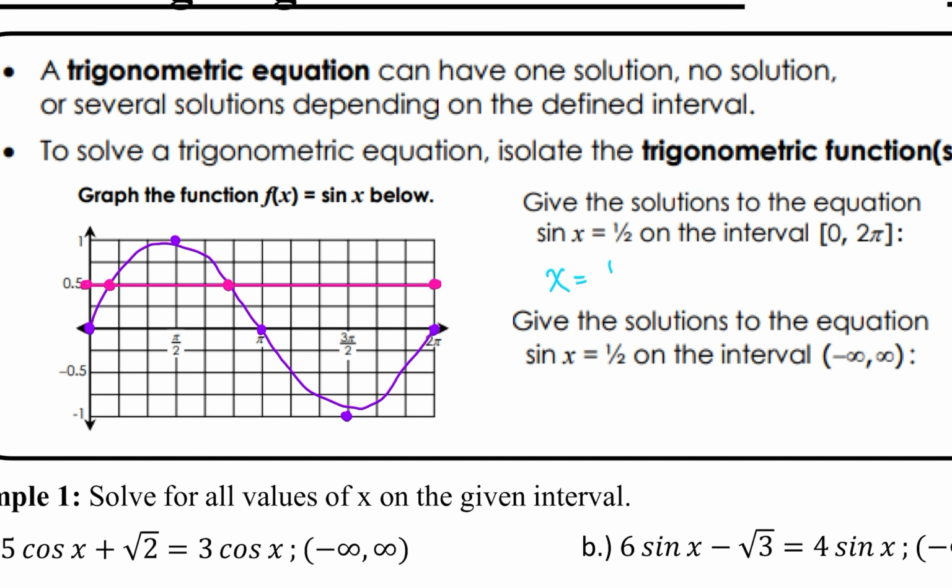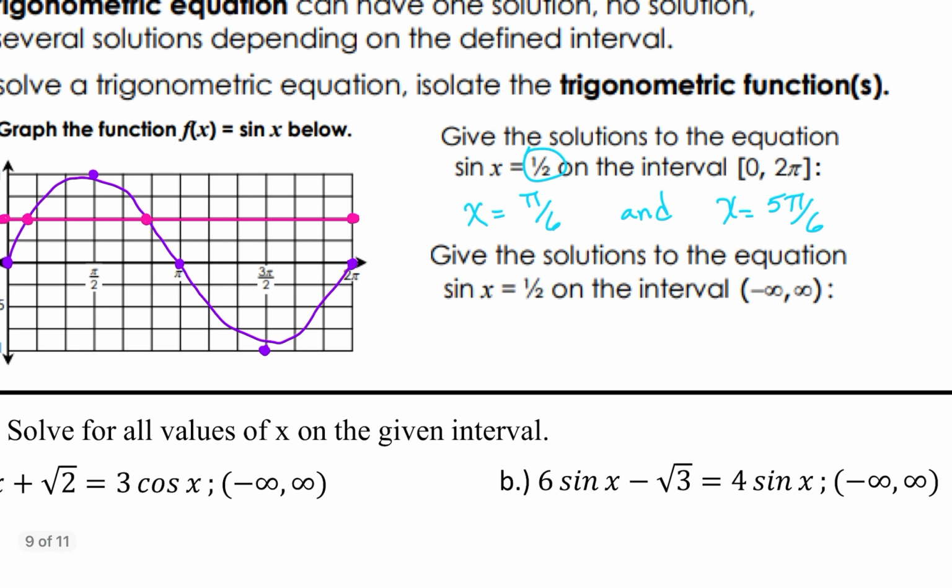So I know that this would happen when x is pi over 6 and when x equals 5 pi over 6. Again, I'm just thinking about my unit circle in that case. When does the unit circle give us 1/2 for the y value? Again, we see that on the graph, that happens at pi over 6 and 5 pi over 6, but it also happens on the unit circle at those. So you could check on the unit circle and see when that y coordinate pops up.